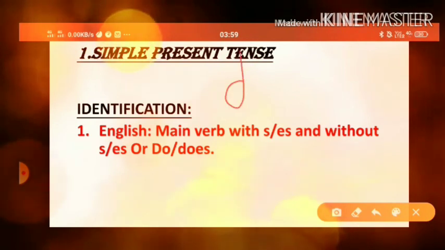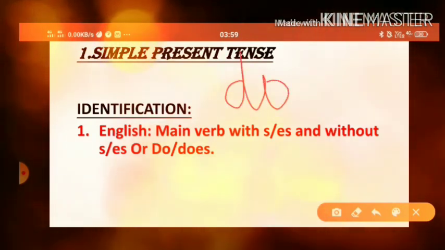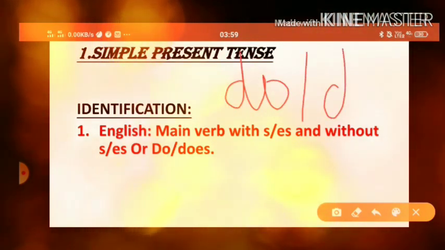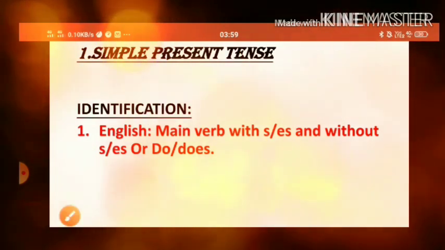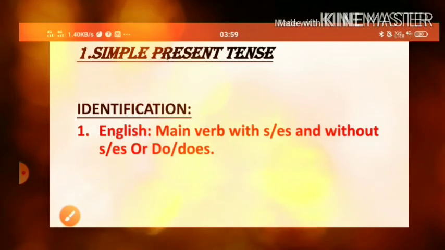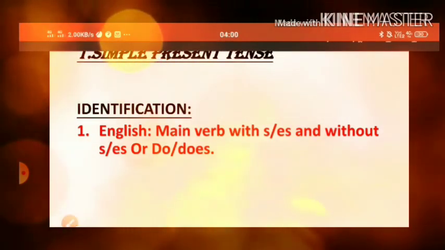Like do, this is the form without s or es, and does is the form with s or es. If we see this in any sentence, then you can identify it as a simple present tense.